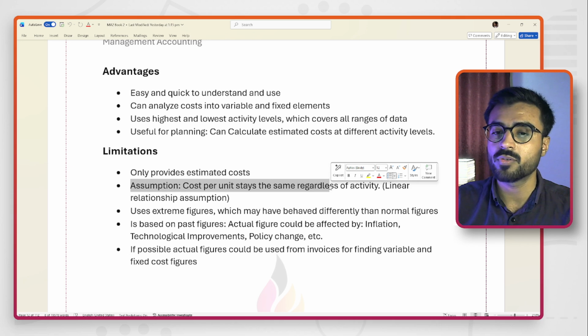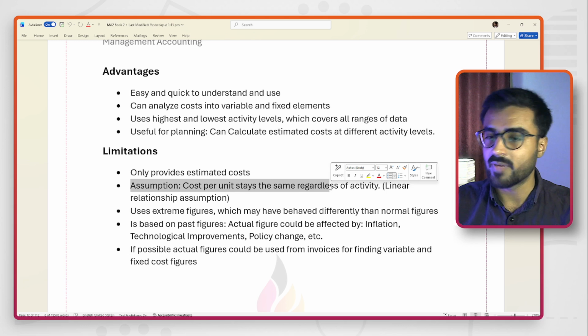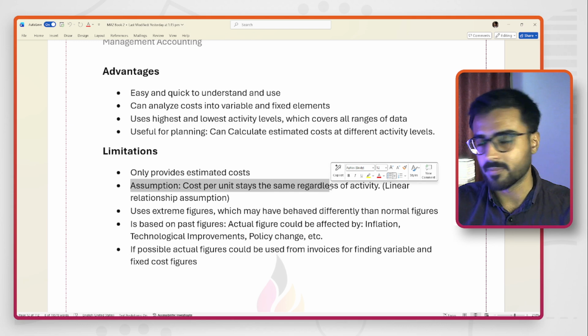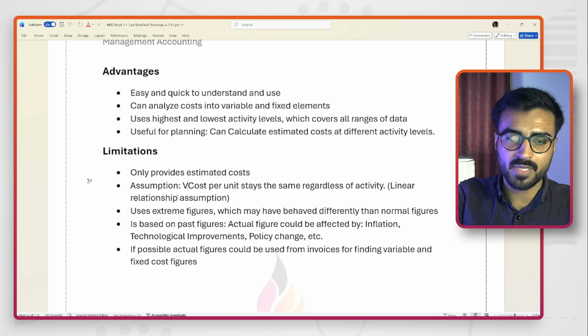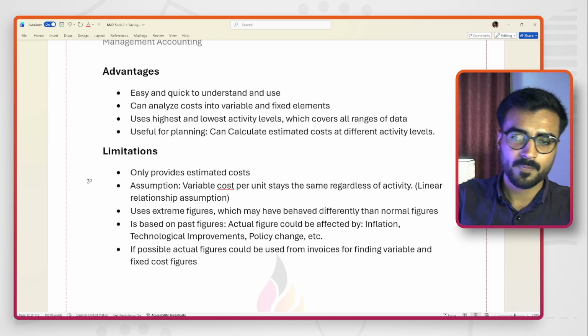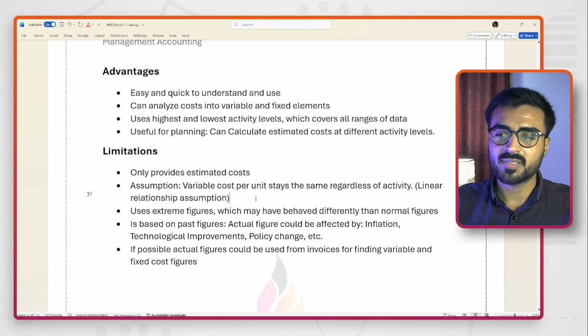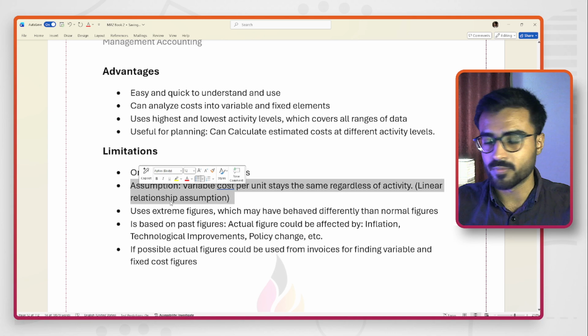Because if you are going to buy more materials, then the supplier normally offers you a discount. So normally what happens is that variable cost per unit drops when the activity level is increasing. But the high-low method assumes that the variable cost per unit stays the same regardless of activity. Okay, so I should write it here, not cost per unit, but variable cost per unit. So variable cost per unit stays the same regardless of activity.